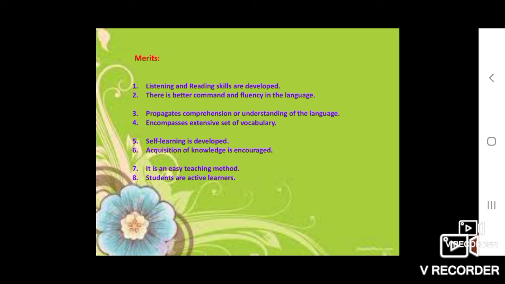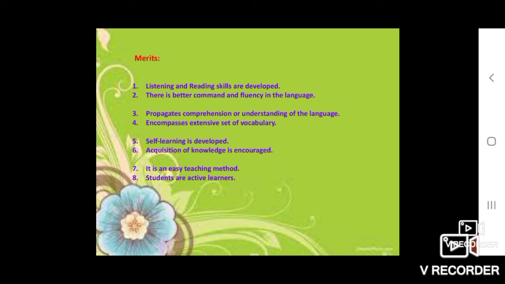If students follow this technique, they will have better command and get fluency in the English language because they keep reading various types of content. Then it promotes comprehension or understanding of the language.